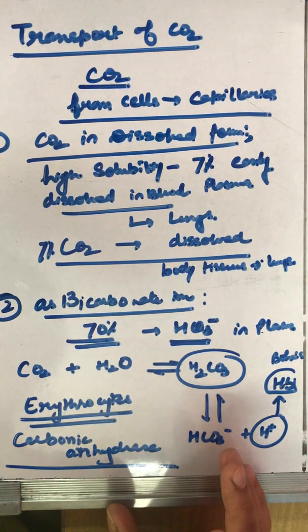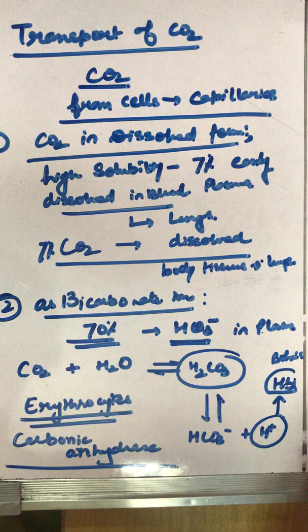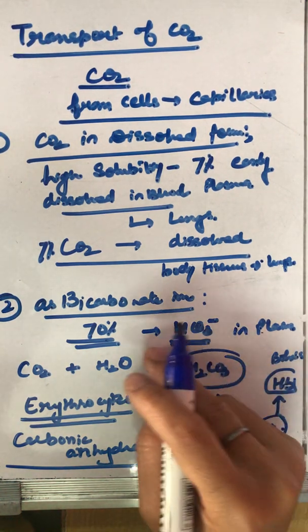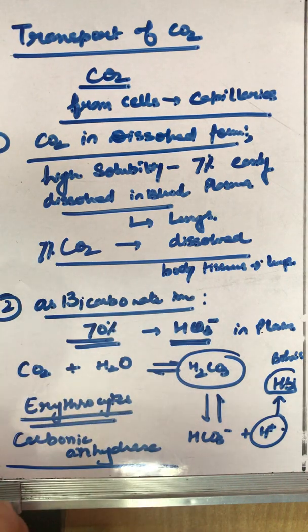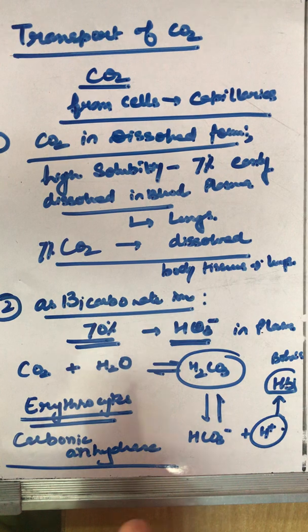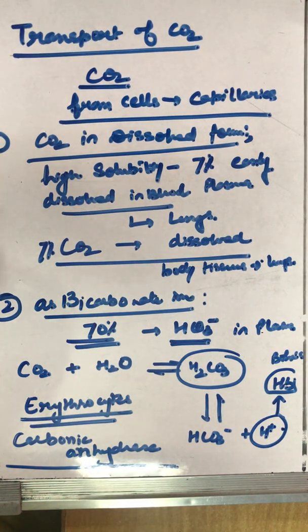And because of the buffering effect of hemoglobin, the liberated hydrogen causes only a little change in the pH. It becomes slightly acidic. From 7.4 it moves to 7.34, and it can easily pass through the tissues and the lungs and can move out. Clear? Moving to the second phenomenon of this bicarbonate, along with the bicarbonate ion, the chloride shift.